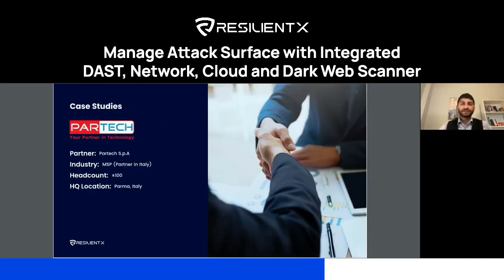I also want to discuss a couple of case studies. In this slide, I guess we have mentioned a couple of case studies. For example, here is our partner, a managed service provider, using our solution to provide their customers with services such as attack surface management or managing the external risk of the customer, and also integrate it into their security operations center.